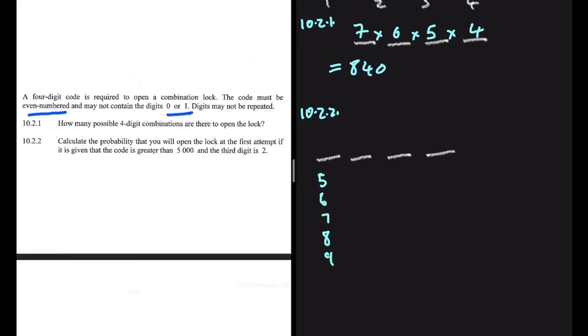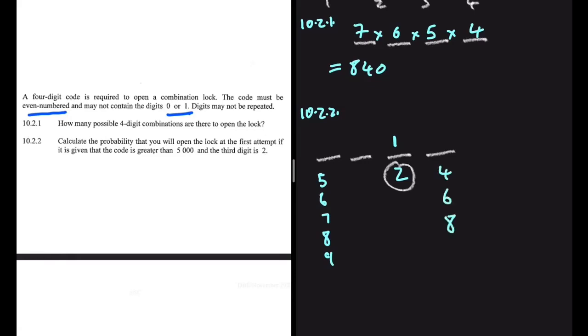We must have 2 on the third spot, so here we have only 1 digit that can occupy that spot. And then on the last spot, for our combination to be even numbered, the last spot must be occupied by an even digit. We need 2 to be on the third spot, so we cannot include it anymore. So we are only left with 4, 6, 8.